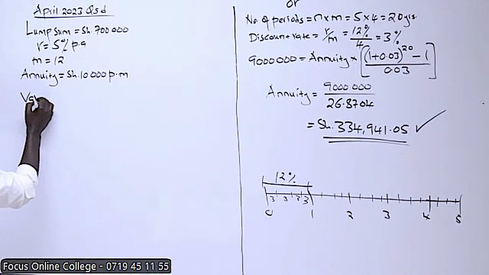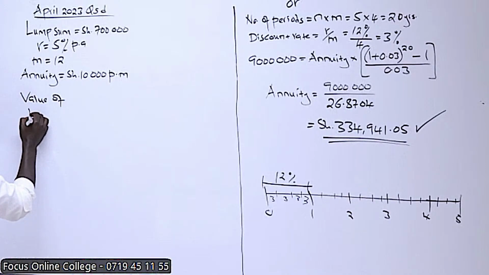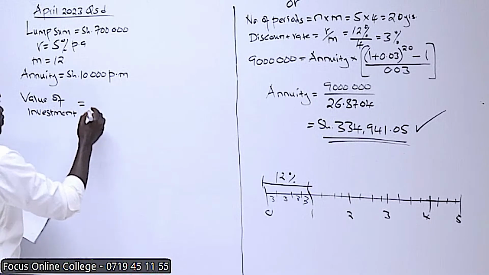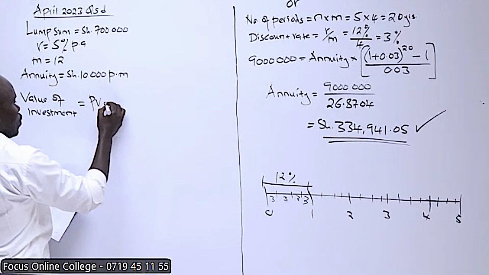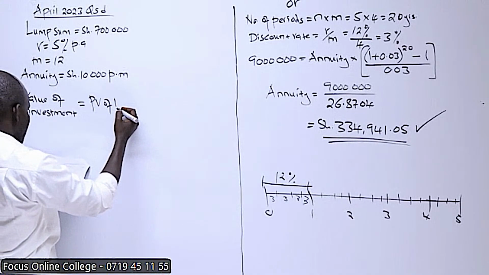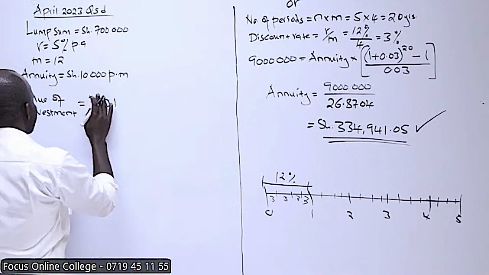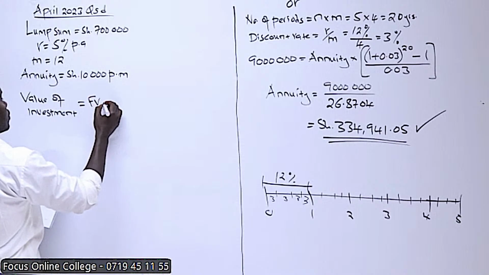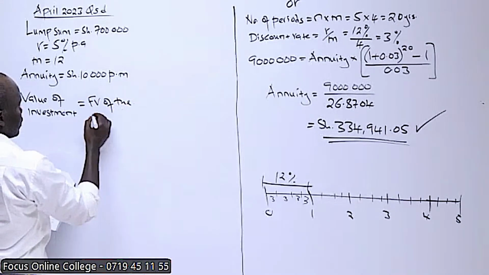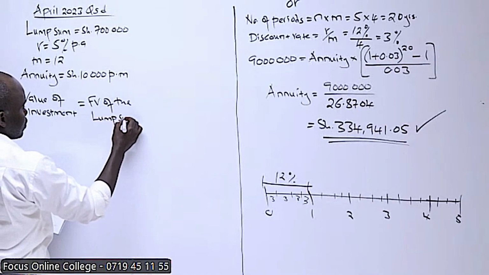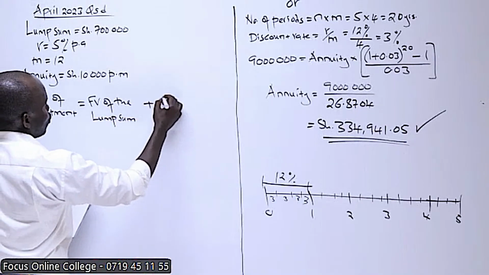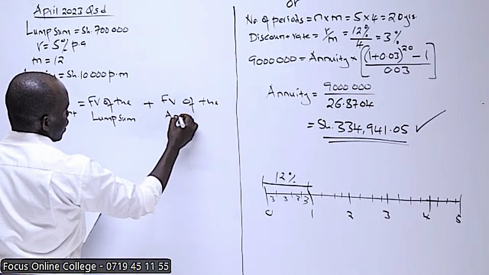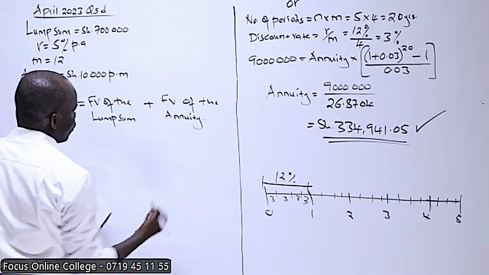So the value of the investment is equal to the future value of the lump sum plus the future value of the annuity.